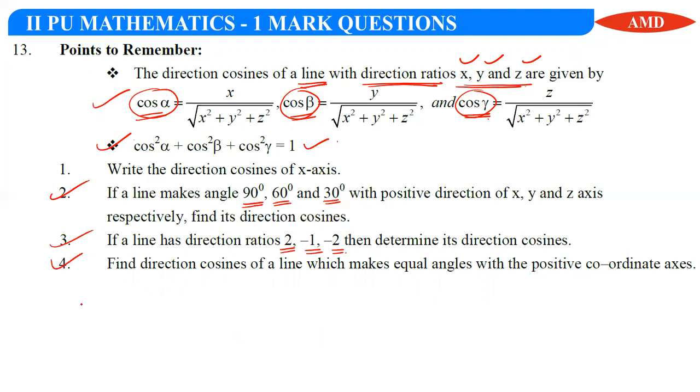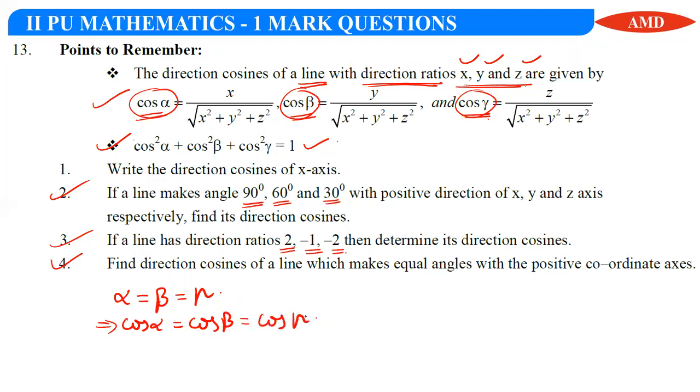Let me try the fourth question. Find the direction cosines of a line which makes equal angles with the positive coordinate axes. It is making equal angles means alpha is equal to beta is equal to gamma. This implies cos alpha is equal to cos beta is equal to cos gamma.